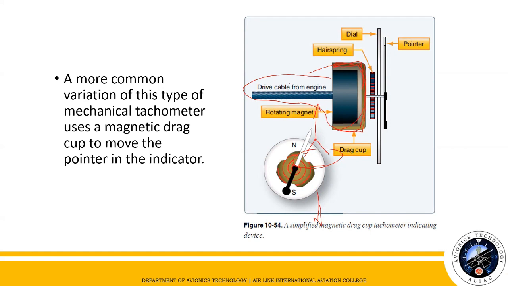A calibrating restraining spring limits the cup rotation to the arc of motion of the pointer across the scale on the instrument face. Okay? Ito nakikita niyo yung spring na to, yan yung nagli-limit para hindi naman umikot na umikot si pointer.